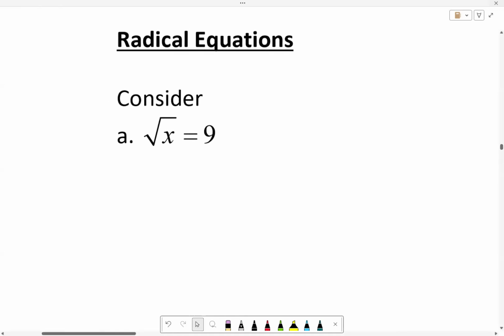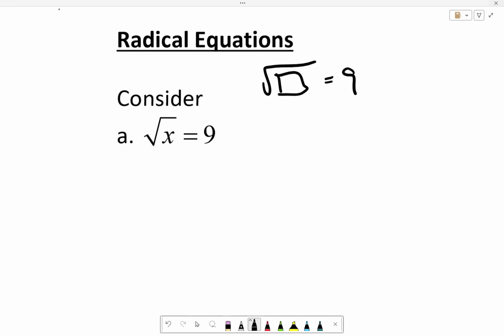Whenever you learned it, hopefully right now it's not difficult to know that the answer is x equals 81. The thing is, I don't want you to do it elementary school style. I don't want you to think about this elementary school style: square root of what equals, you can quite easily get the answer 81.